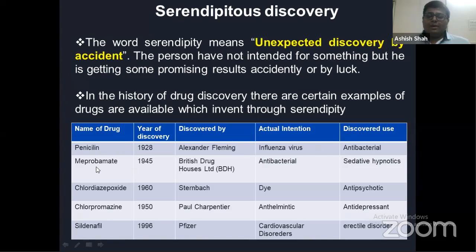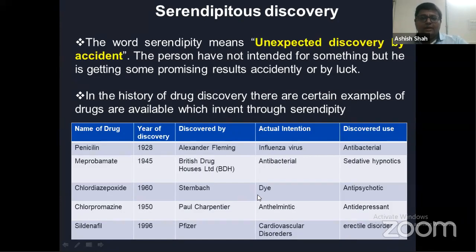Same for meprobamate: a British drug house was working on antibacterials, but they got sedative hypnotic activity. Same was the case for chlordiazepoxide. They were looking for dye formation, but they got antipsychotic activity. So you are not aiming for something, but by accident you get something. That is known as serendipitous discovery, the first type of conventional drug discovery methods.